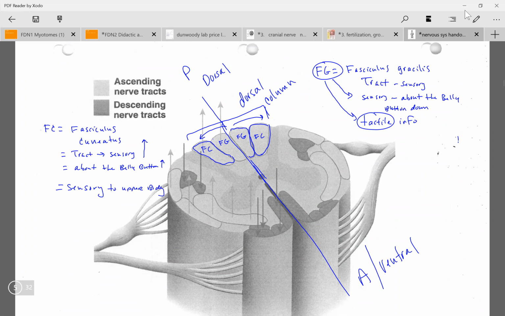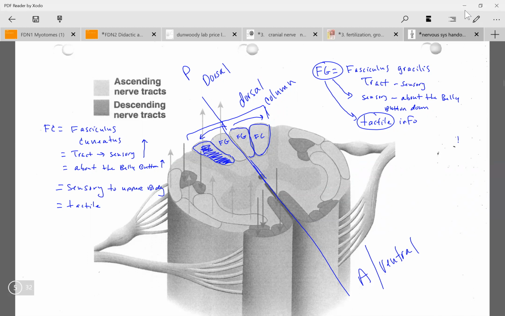And it's also tactile information, which means non-pain, non-temperature. So when non-pain, non-temperature sensory input goes into your body about the belly button up, it's going to travel up the fasciculus cuneatus.